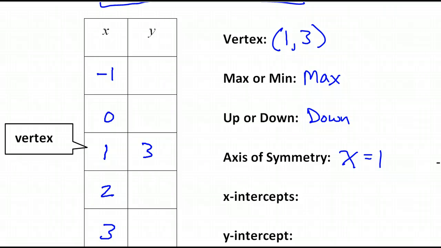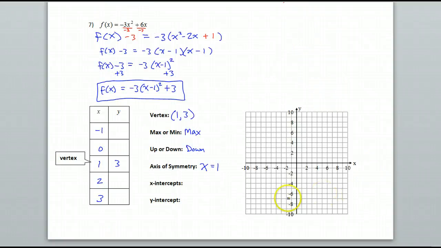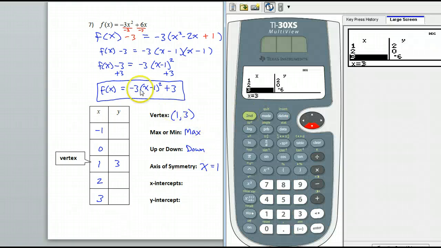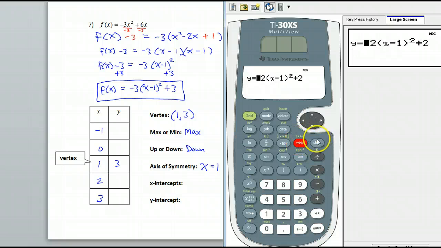Alright, now we will have to consult the TI-30 XS Multiview to see what's up. So I'm going to hit my table function. Okay, this is supposed to be a -3. You know what, it is x minus 1 still. Okay, and it's a 3.